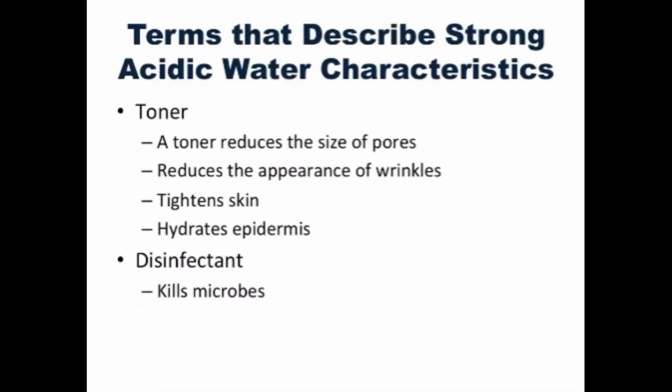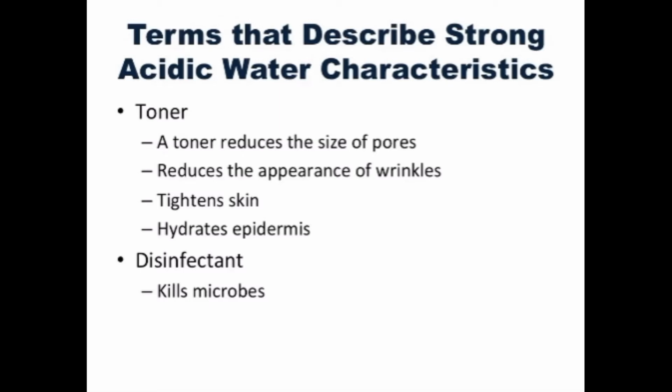In terms that describe strong acidic water characteristics, anything from a 6 and down would be a toner, which reduces the size of the pores in your skin, reduces the appearance of wrinkles, tightens skin, and hydrates that epidermis, that outer layer of the skin that lasts only 2 to 4 weeks.